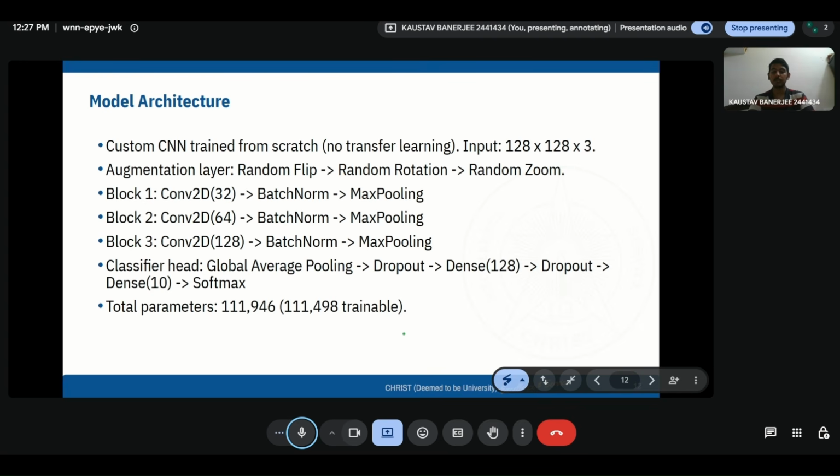As we go deeper into the network, the number of filters increases, allowing the model to learn increasingly complex visual features. After convolution, we use global average pooling to convert feature maps into a compact representation. Dropout is then used for regularization, followed by a dense layer with 128 neurons. Finally, the output layer contains 10 neurons with softmax, producing probabilities for our 10 classes. The complete model contains 11946 parameters.